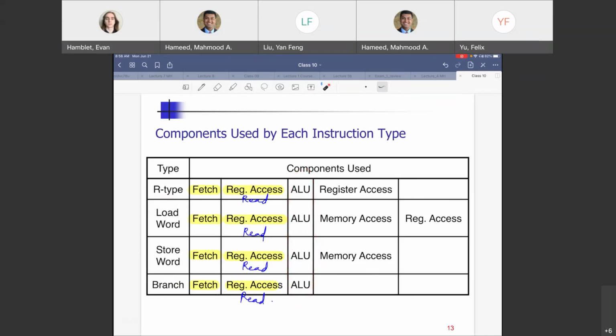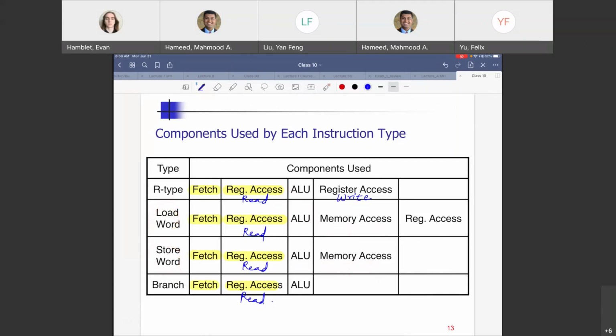Next, for R-type instructions, after you finish with the ALU, you don't have to go to memory. You can directly go to the register access, this time for writing it back to the register file. But for load word and store word instructions, you have to do a memory access. Can you tell me what this is going to be?